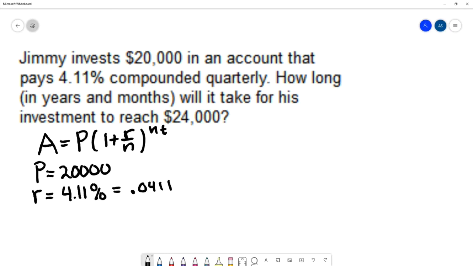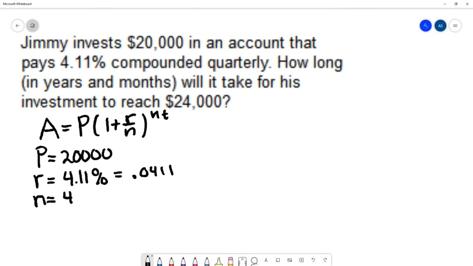That interest is compounded quarterly, so interest is added in 4 times a year, so N is 4. And we want to know how long, so time is what we're interested in finding. How long will it take for his investment to reach $24,000? So our final amount would be $24,000. So we have all of the pieces here to solve for time.